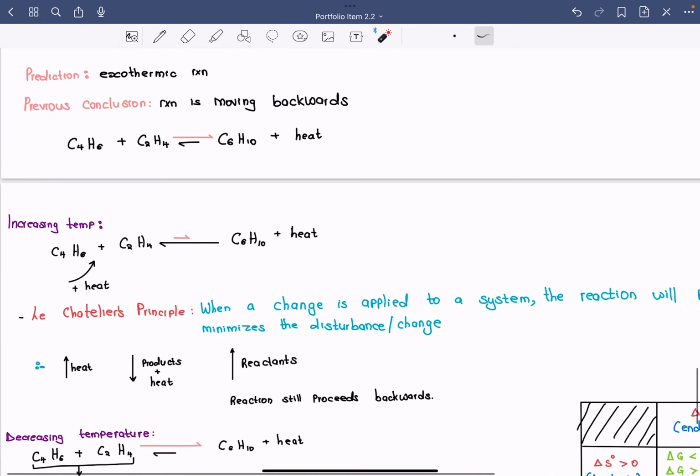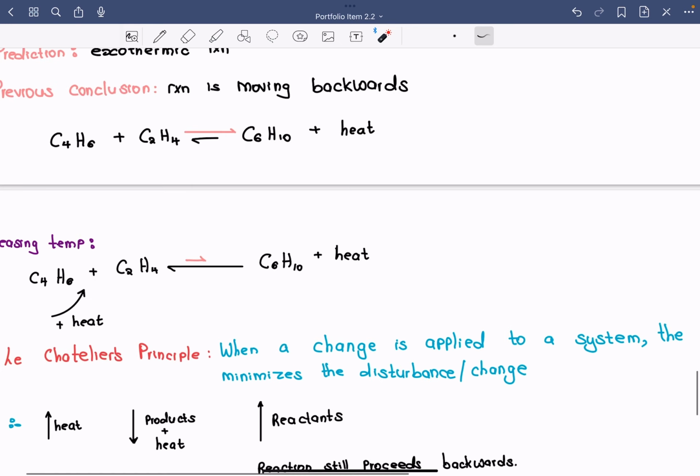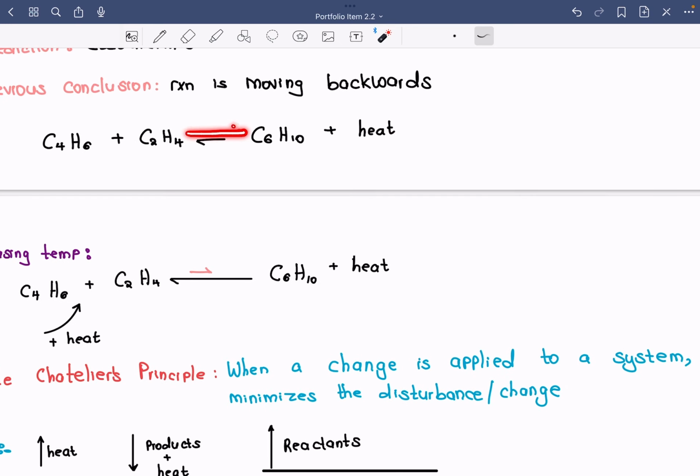So we get this reaction, C4H6 plus C2H4 gives C6H10 plus heat. I use these different colors. The black one means that our reaction is going backwards, but we need to reverse it. So we need to look for an equation that gives us this kind of arrows.